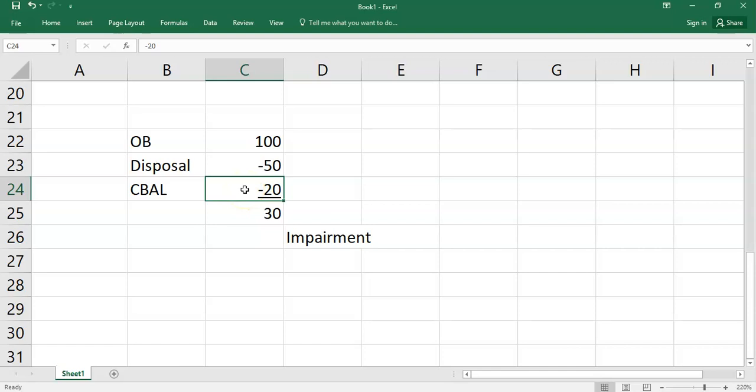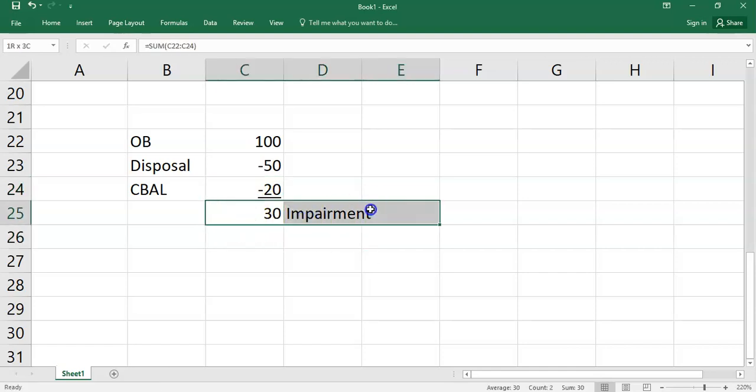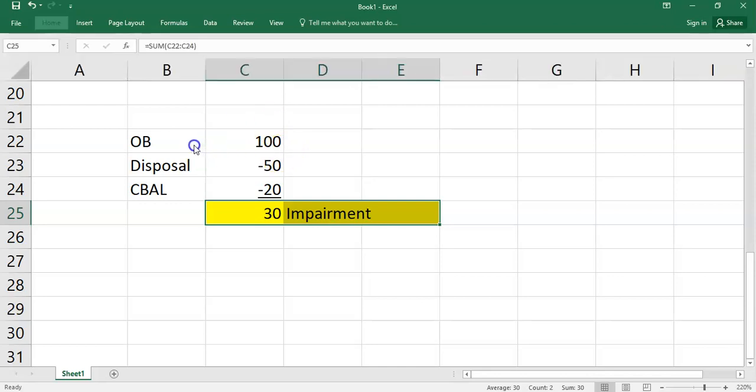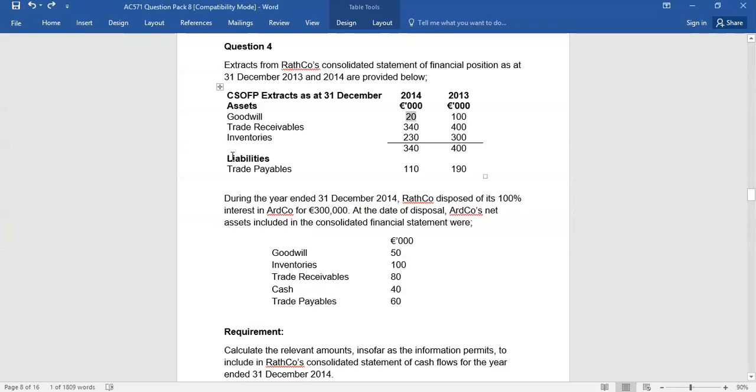You can do it in T account format as well, but we now know that impairment is a non-cash adjustment. So when you're going to do your net cash flow from operating activities, like the way you add back depreciation, you will add back goodwill impairment as well. So it's kind of hidden that you have to do that working first before you finish off your cash flow from operating activities. So that's the second thing you will always have in disposal: what is the impact on goodwill? And is there any goodwill impairment?